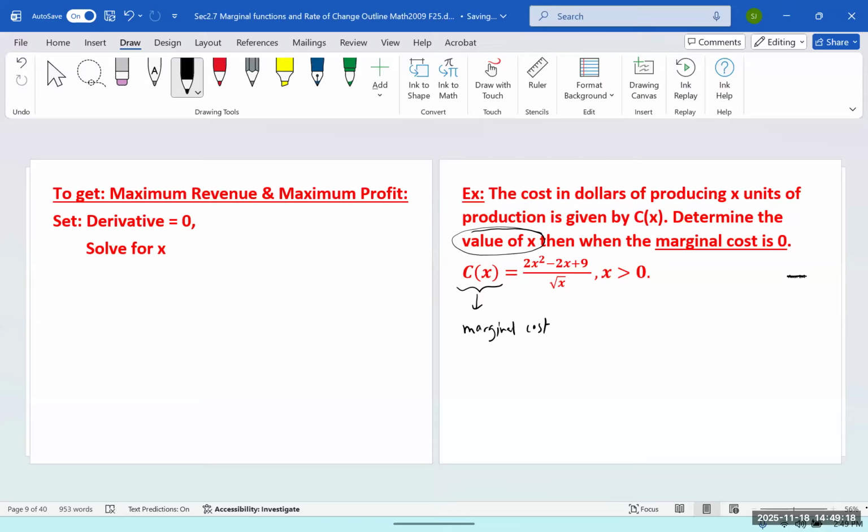What does the word marginal mean? Derivative. So they're telling us, when the derivative of the cost function is 0, what's the x value at that point?